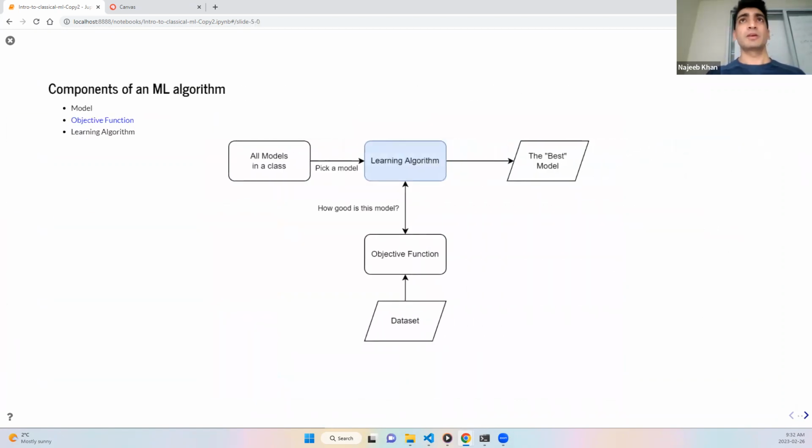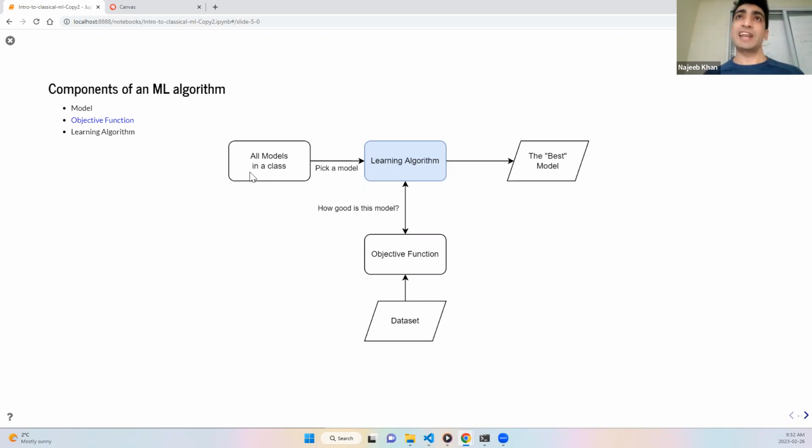Okay. So this was all about the model classes. Next we look into the objective functions. We decide on a model class, let's say linear regression. Now, how do we get the weights for our model?